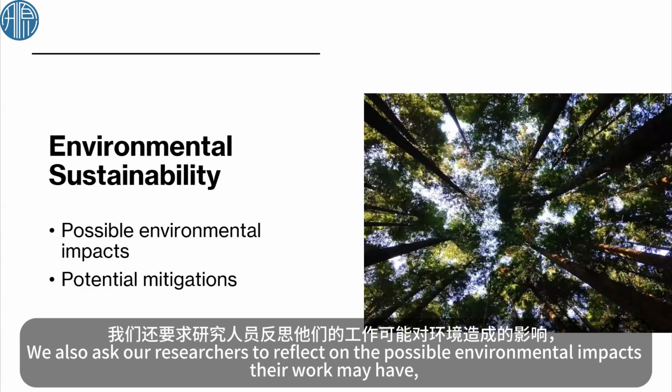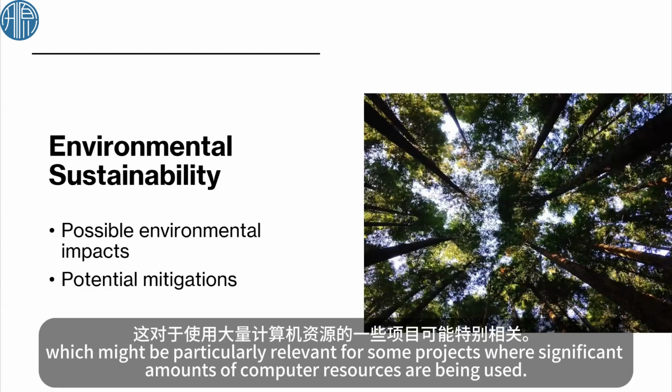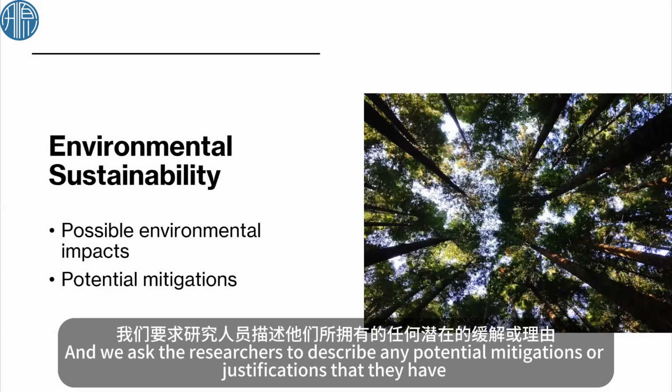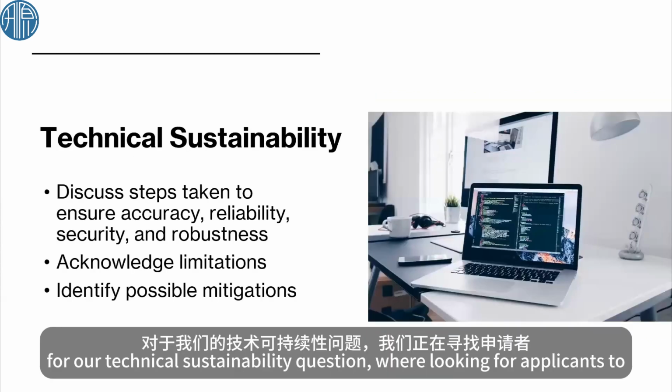We also ask our researchers to reflect on the possible environmental impacts their work may have, which might be particularly relevant for some projects where significant amounts of compute resources are being used. And we ask the researchers to describe any potential mitigations or justifications that they have.